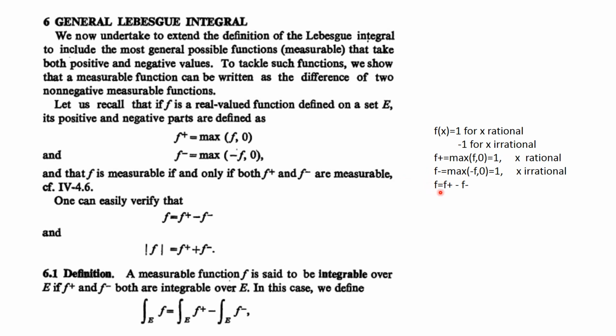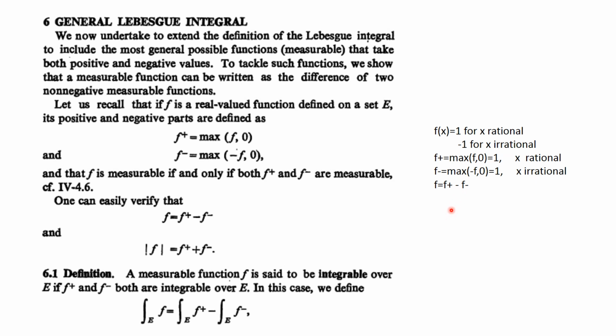So now just see what will be your f. It will be the difference of these two. Whenever your x is rational, what is the value of f positive? Its value is 1. The value of f negative is 0 in case of x rational. So 1 minus 0 gives you 1. So the value of function is 1 for x rational.